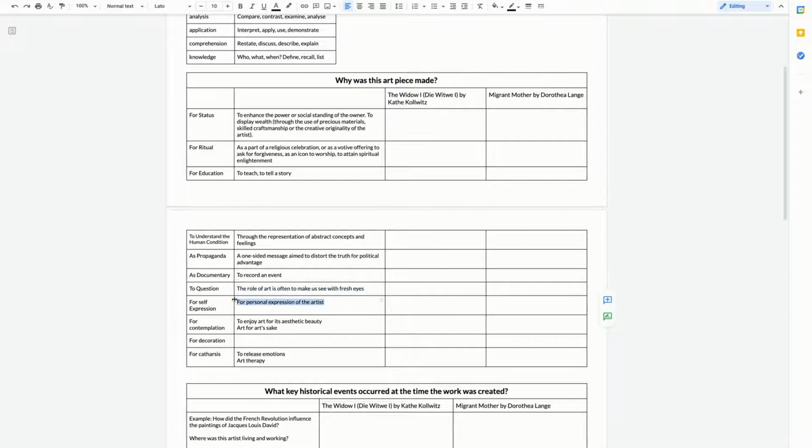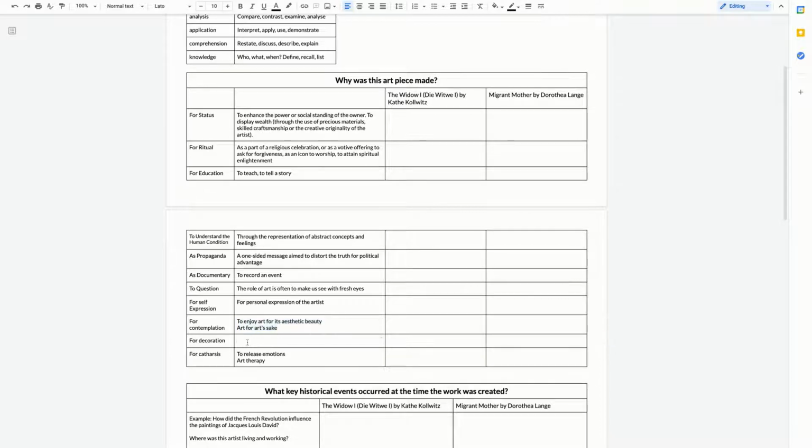Often art is about personal expression. So it's something that the artist is trying to express that is an internal reason. And sometimes it is simply just to make art for its own aesthetic beauty, to make art for art's sake.